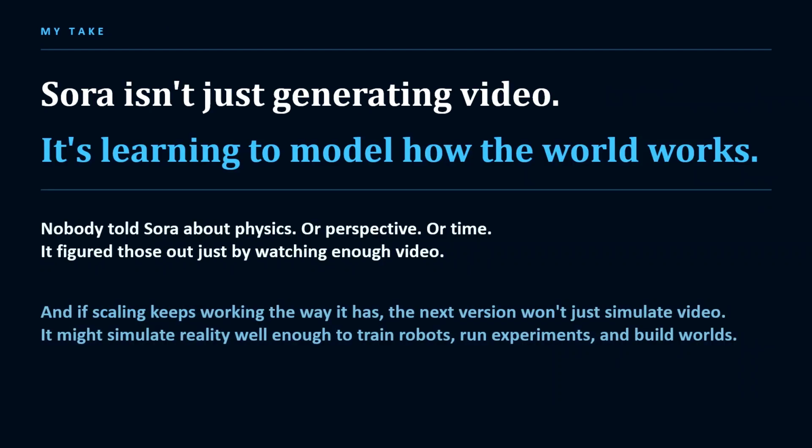Sora isn't just generating video, it's learning to model how the world works. Nobody told it about physics or perspective over time. It figured those out by watching enough video. And if scaling keeps working the way it has, the next version won't just simulate video, it might simulate reality well enough to train robots, run experiments, and build worlds.